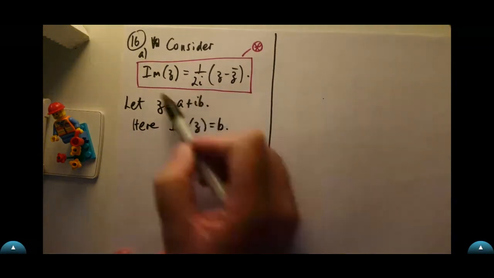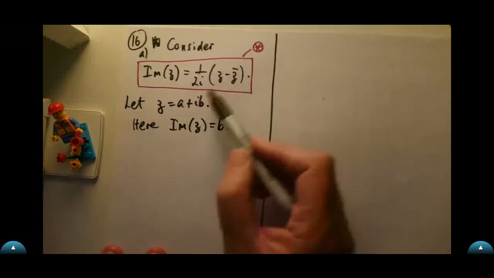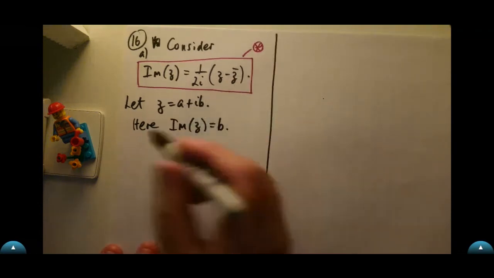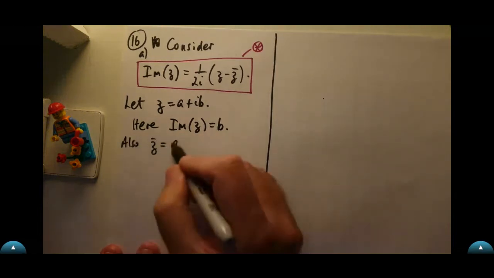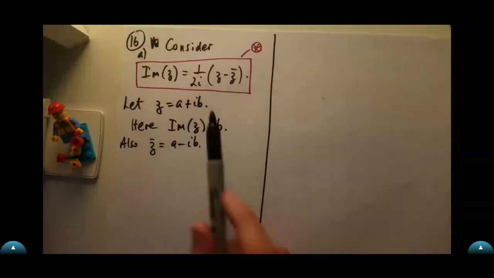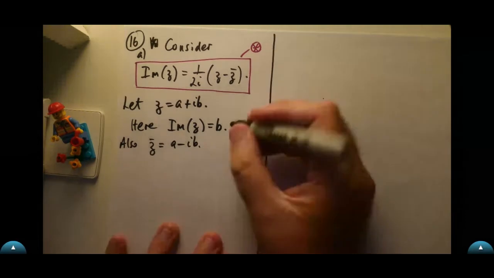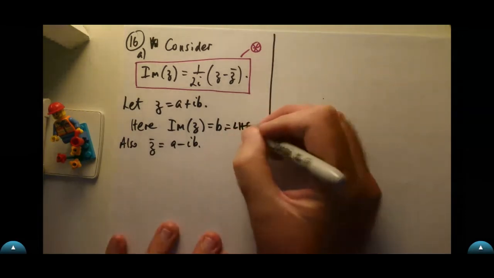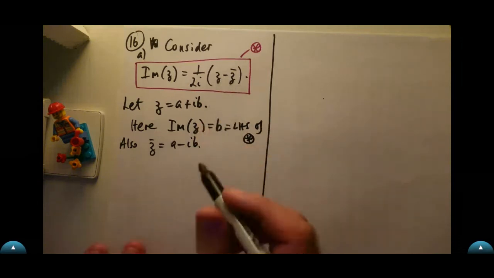All right, so that's the left-hand side. The conjugate is not a plus b, it's a minus ib, sorry. So let's work with this, z minus z bar.